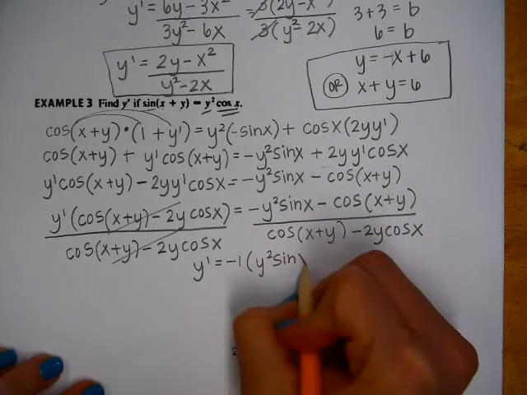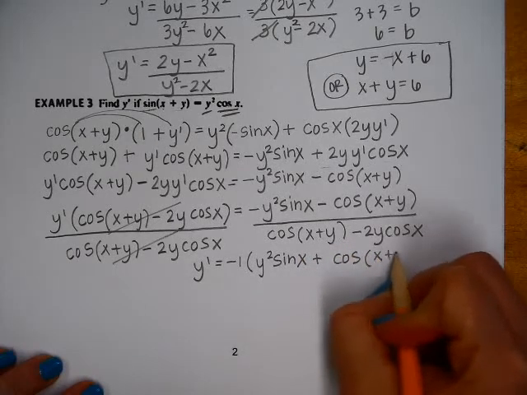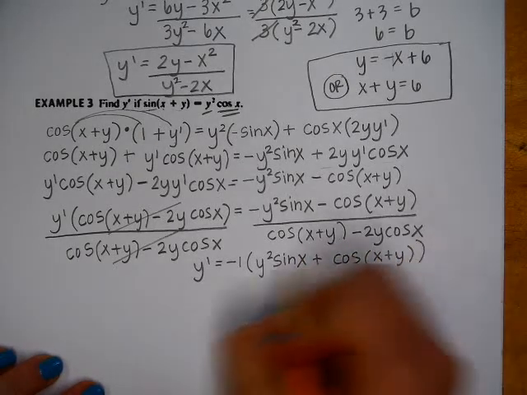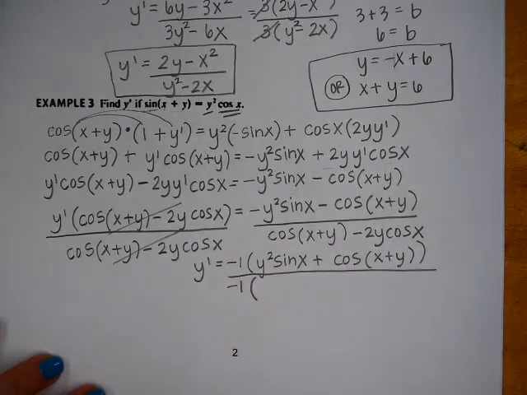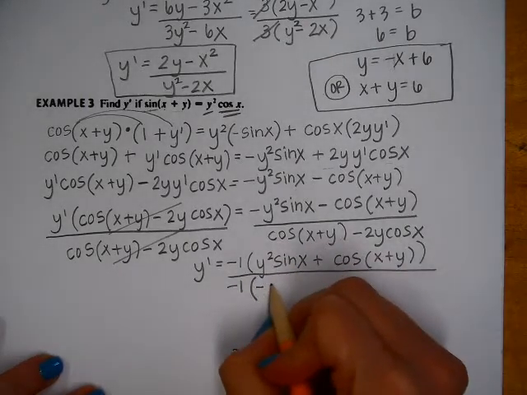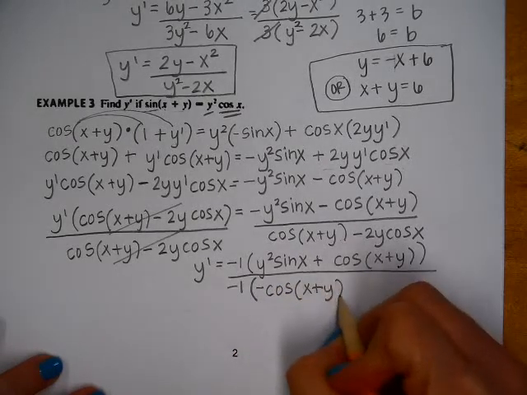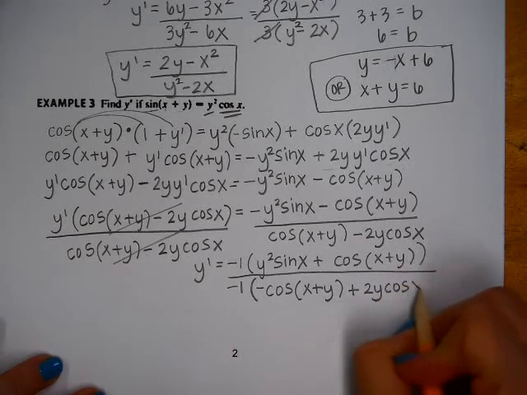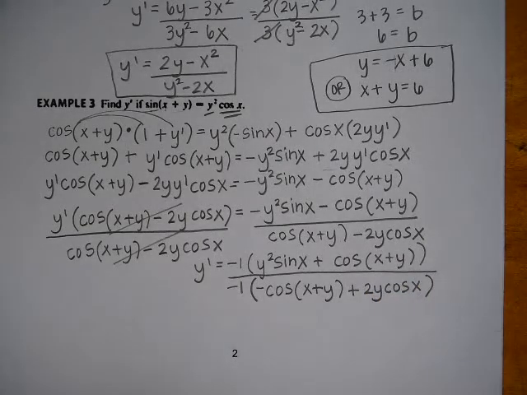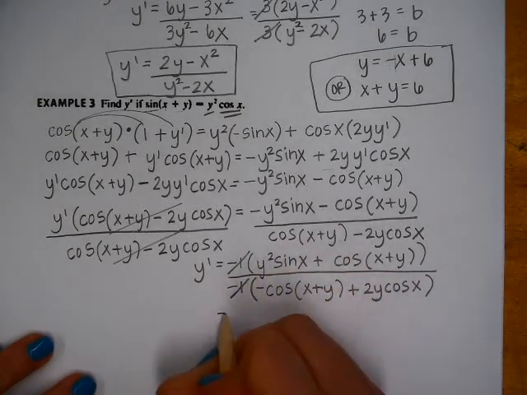y squared sine x plus cosine x plus y all over. If we factor out a negative 1 on the bottom, then that gives us negative cosine x plus y plus 2y cosine x. Okay, so our negative 1's cancel.